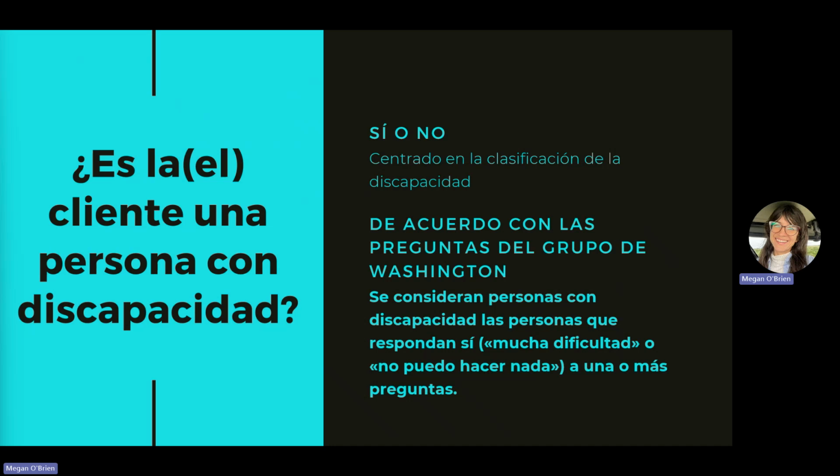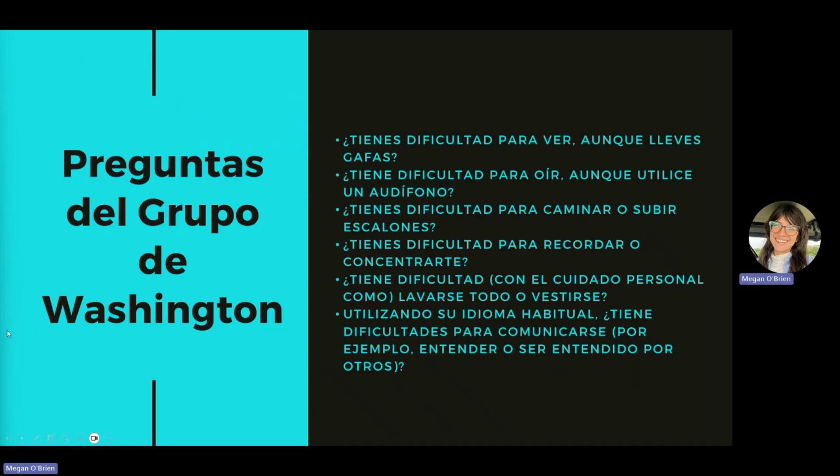I'm going to give a brief introduction to the Washington Group questions as a part of this session. They're really important to understand, but for now, you need to know that for the intake form, again, we're focused on function over classifying impairment. The Washington Group short set is a set of questions designed to identify in a survey format a person with a disability.